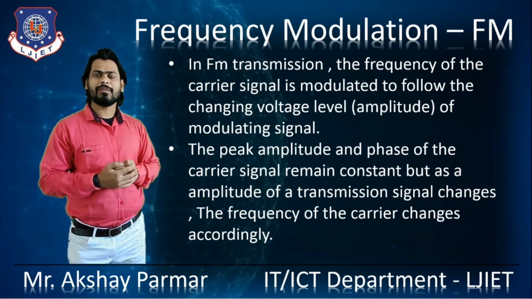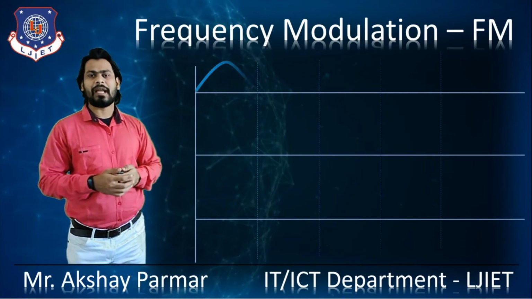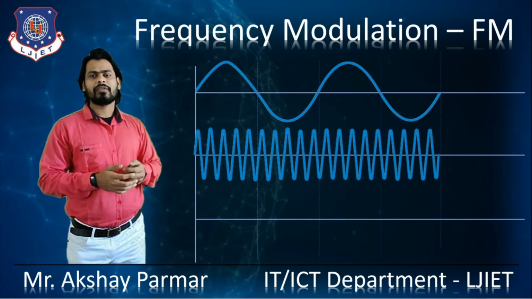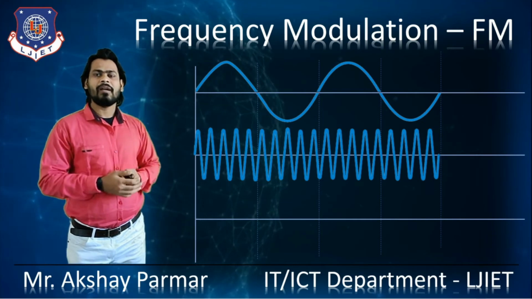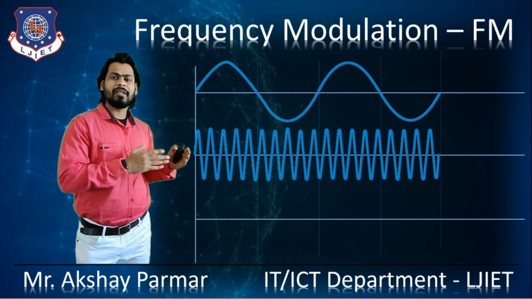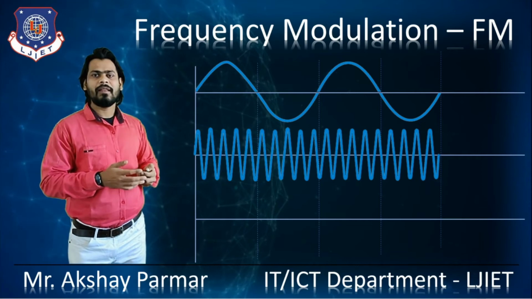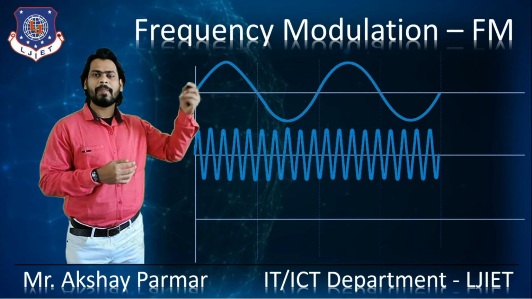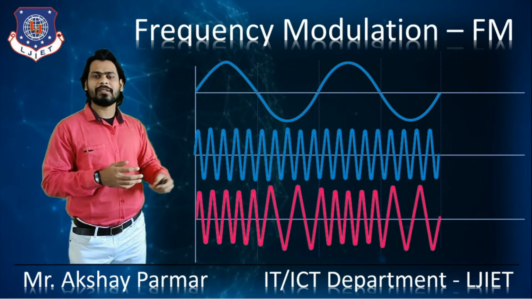Let's see how frequency modulation works. This is the input signal on which we are trying to apply frequency modulation, and this is the carrier signal. We are changing the frequency characteristic of this carrier signal with respect to this input signal, and we are getting an output signal which is frequency modulated.